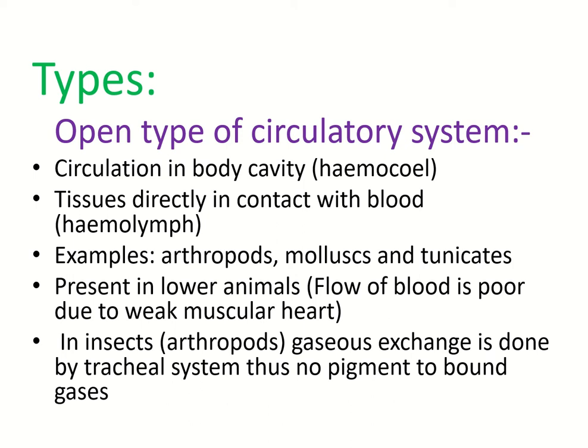That's why their transport system, especially for respiration, takes place with the help of another system, which is tracheal system, while other materials, nutrients, so and so forth, are carried with the help of blood.